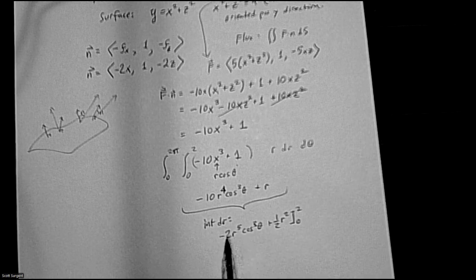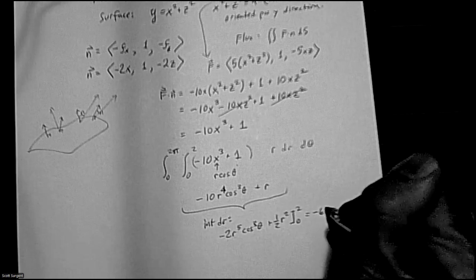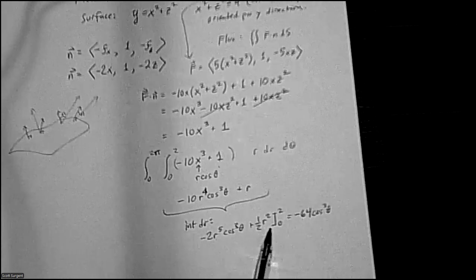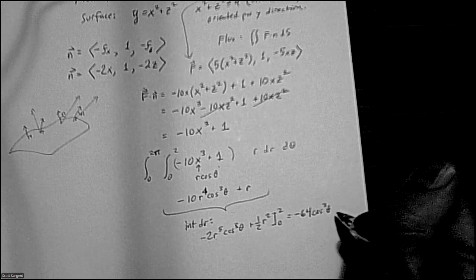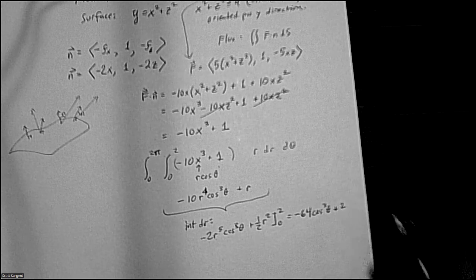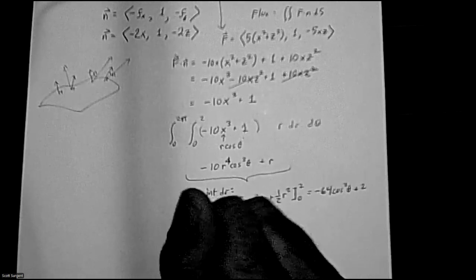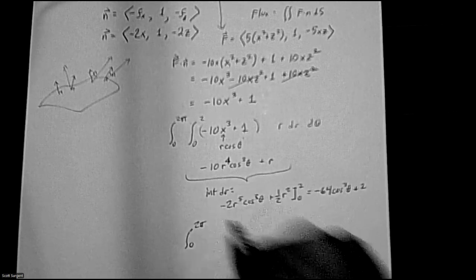The 2 to the 5 is 32, that's negative 64 cos cubed. And then it's just plus 2, and the zeros drop out. So that's easy. Then that gets integrated from 0 to 2 pi.